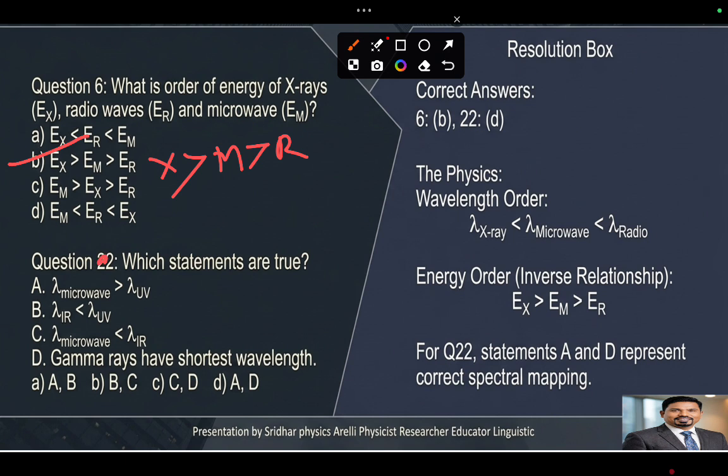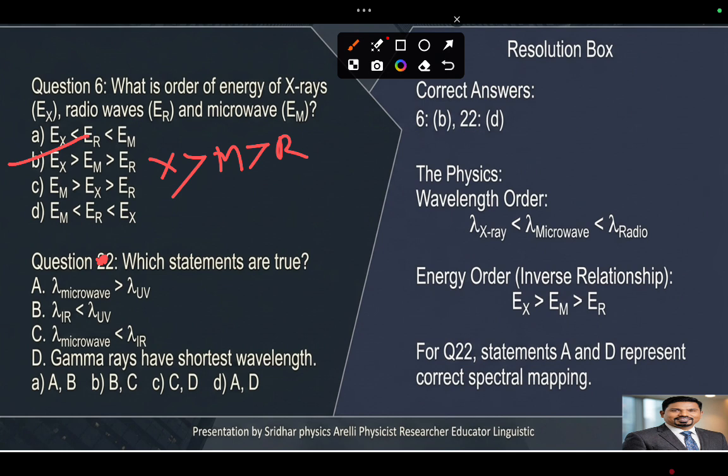And the next question is about which statements are true related to wavelength. Wavelength of microwave is greater than the wavelength of the UV.